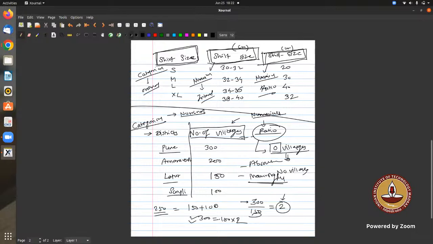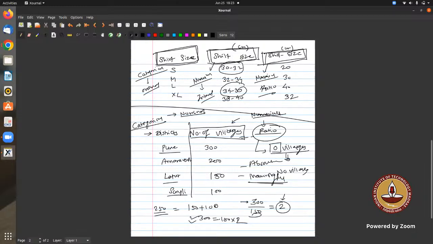I have tried my best to show this. Can we do arithmetic operations for shirt size, where it is numerical interval? Let's say 30 to 32. You can say the interval between these two is how much; you can do the subtraction operation.